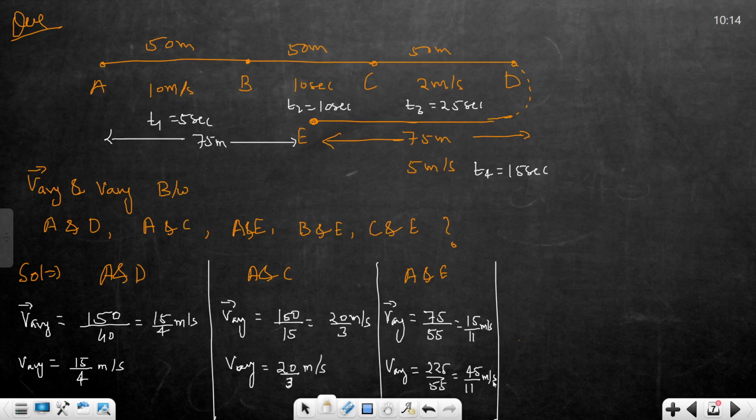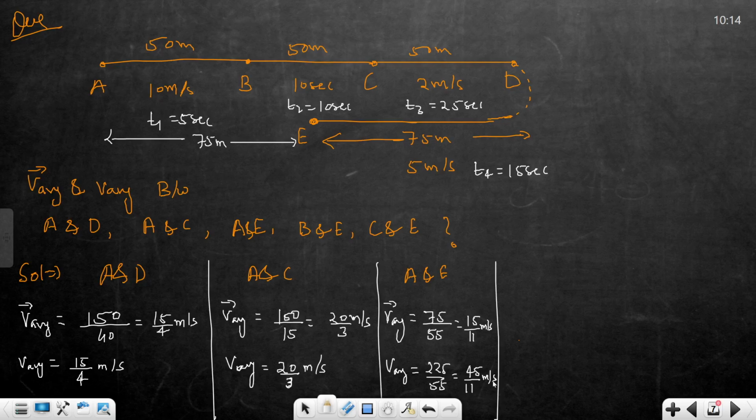Sir, for average velocity in A to E, I did 150 minus 75 instead of directly taking 75. That is correct, 150 minus 75. That's correct. By now you should understand that we are calculating between initial and final point, so you can simply take the separation between initial and final point.